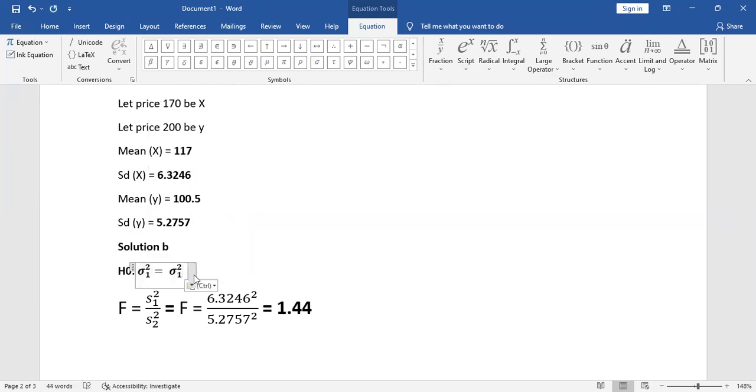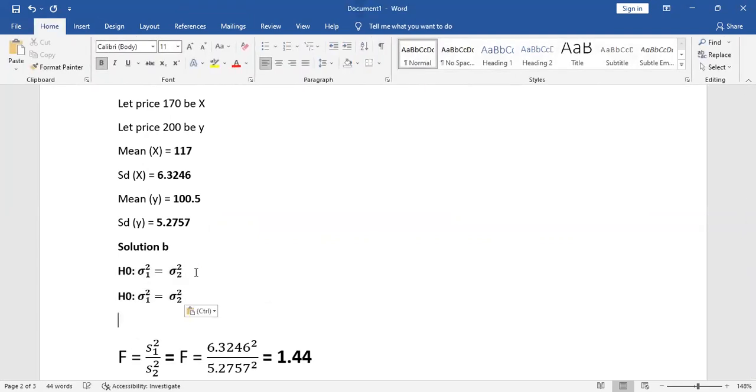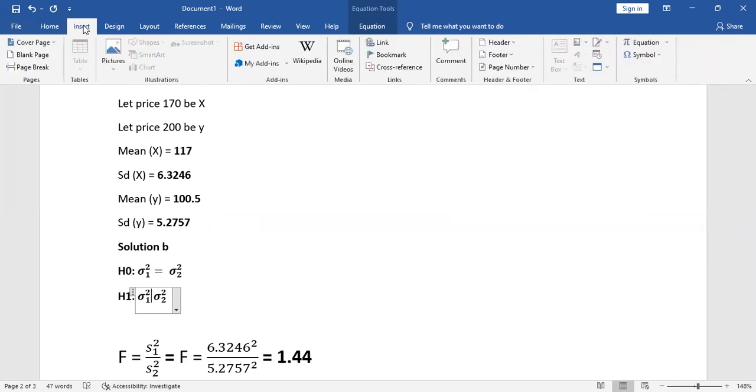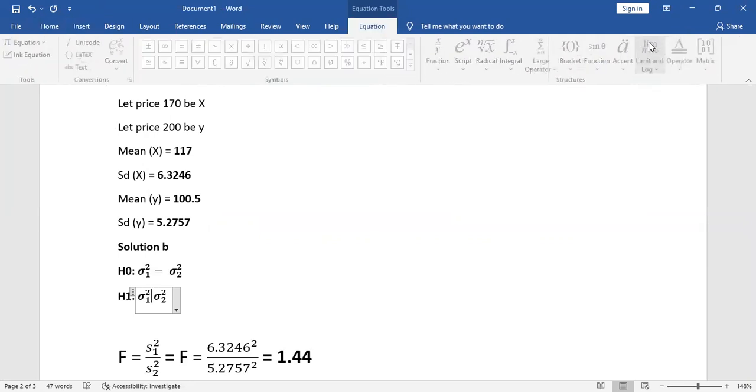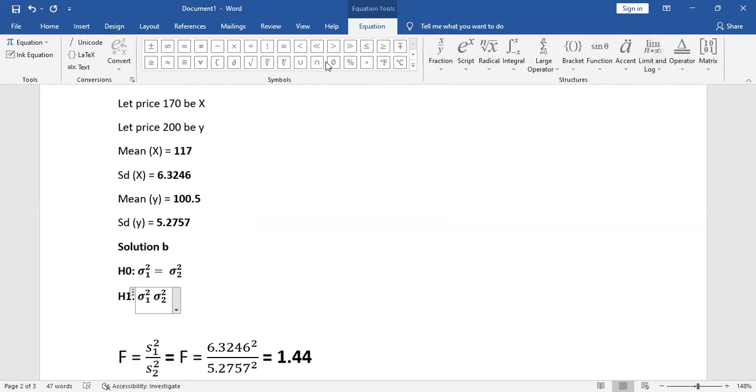Variance 1 equals variance 2, against the alternative hypothesis, which is H1, which should indicate that variance 1 does not equal variance 2. There we have.